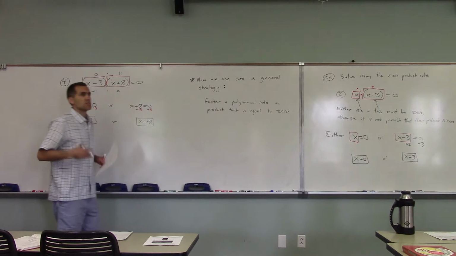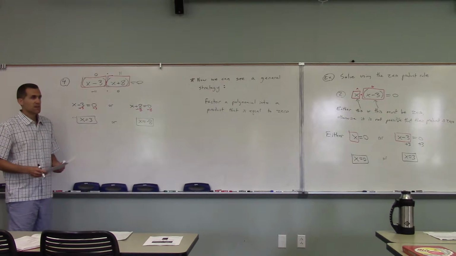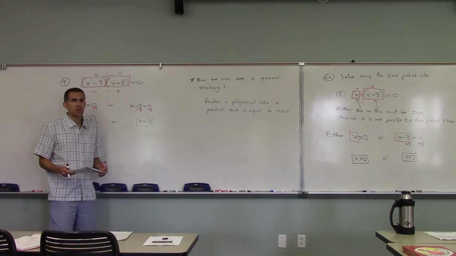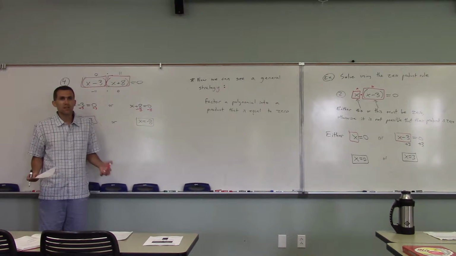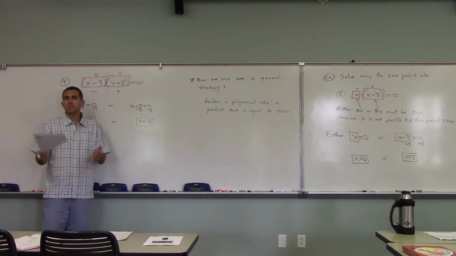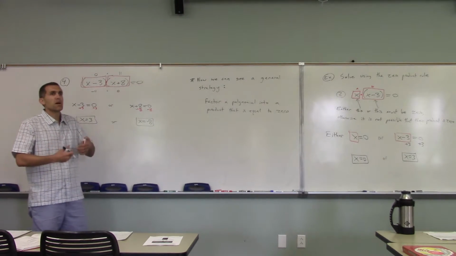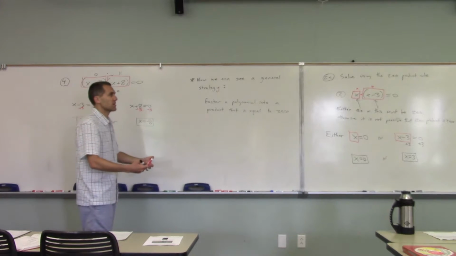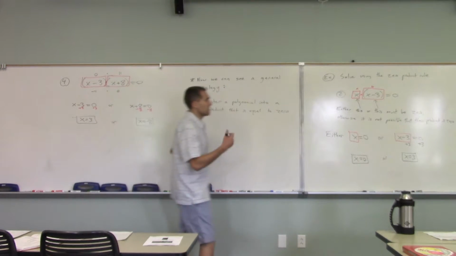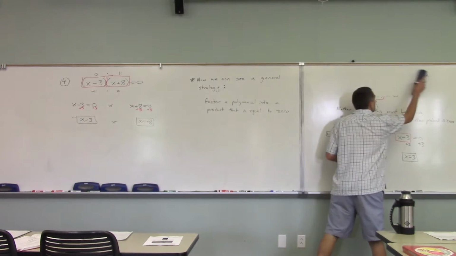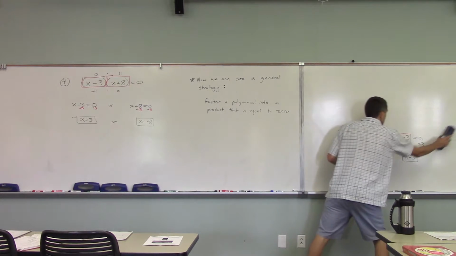That's our big general idea: we need to factor a polynomial into a product that's equal to 0. That's what this is all about. Taking a polynomial that's a bunch of terms added together and then factoring it so that we have one product, one term equal to 0.